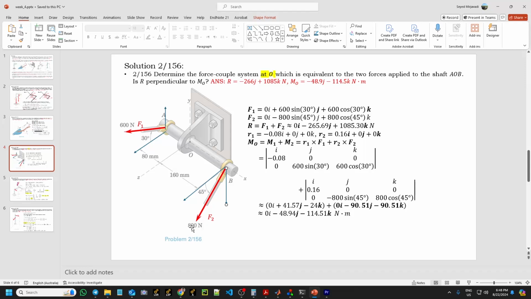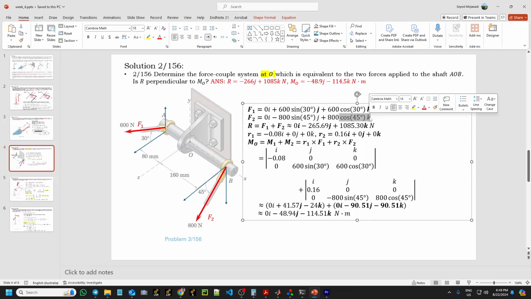So it will be 800 sine 45 times negative j. What about this component? 800 cosine 45, and the unit vector of the z-axis is plus k. So I will put k here.